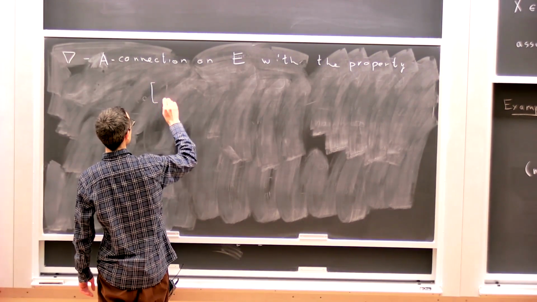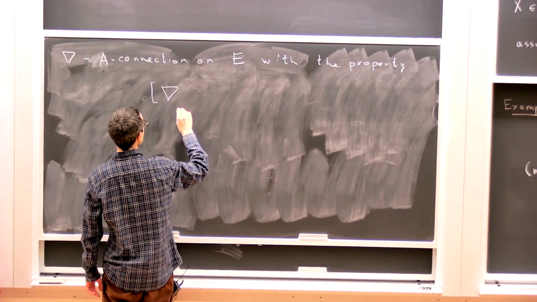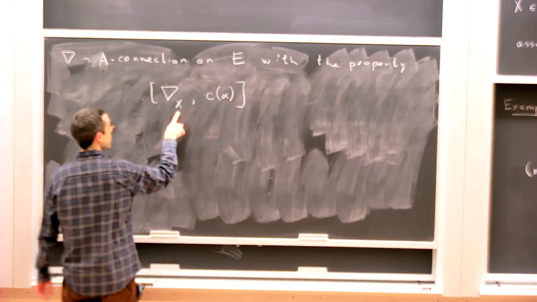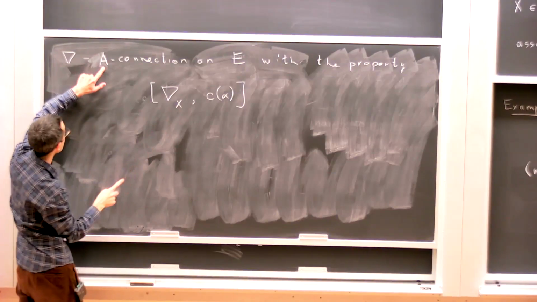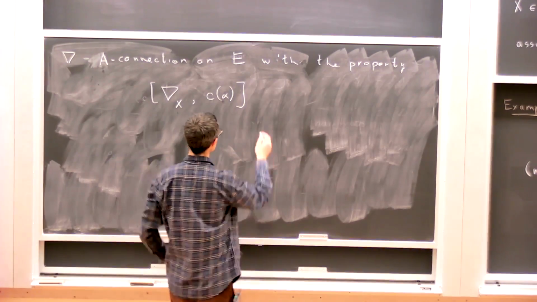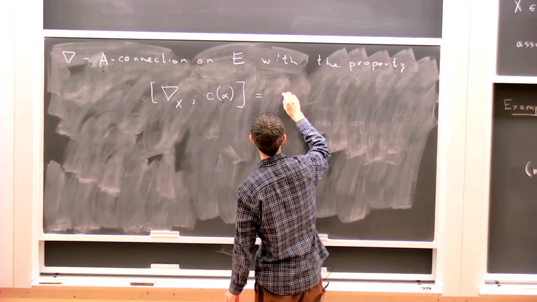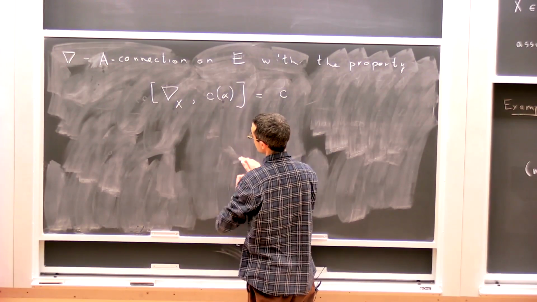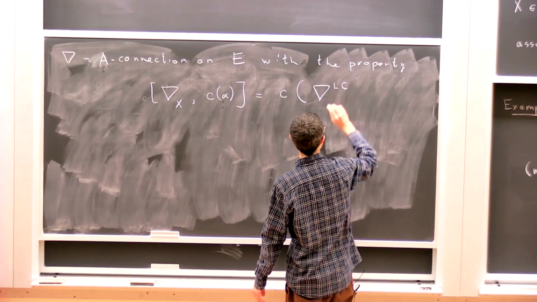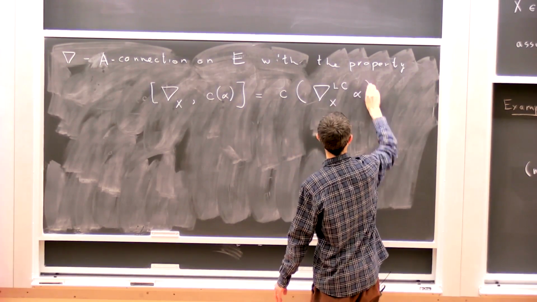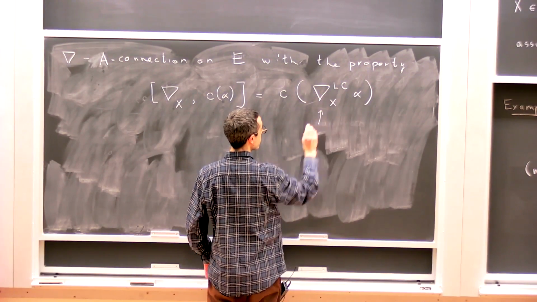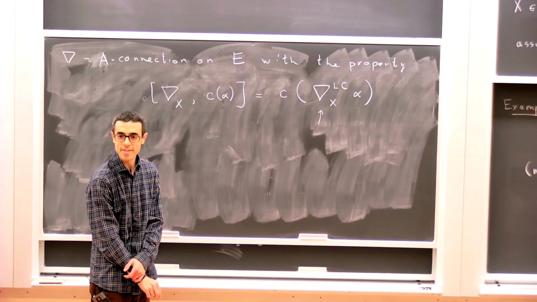The property I want is that if you take a commutator that looks like this, where X is a section of A, and alpha is a section of A star, these are both operators on sections of E, so I can take their commutator, and I want this to equal this operator. What this is here is what you might call the A Loizides connection.